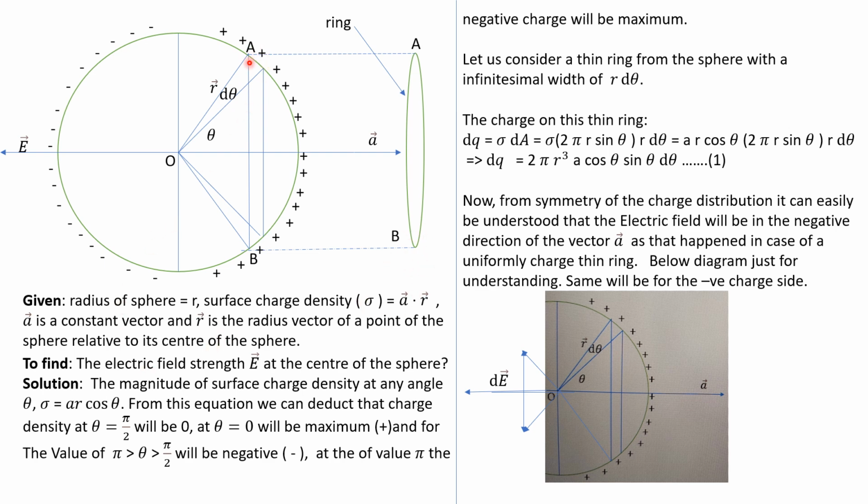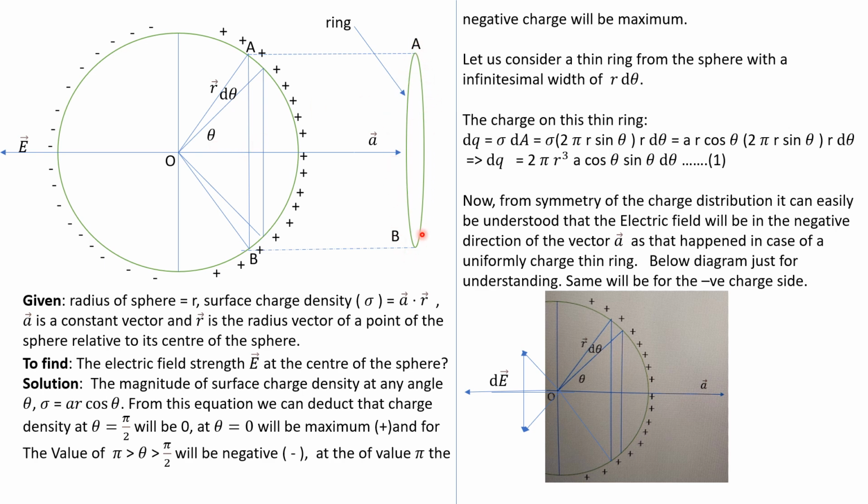So if we take this small thin ring section at this point, theta angle away from the vector A, what will happen on this thin ring? The charge will be uniformly distributed because theta is not changing for this thin ring.